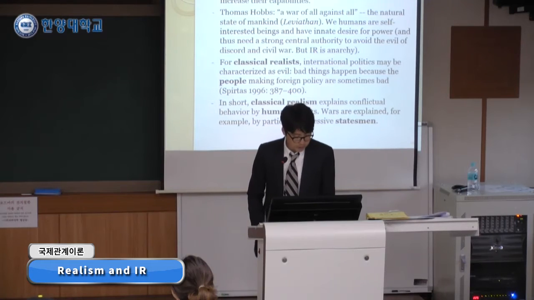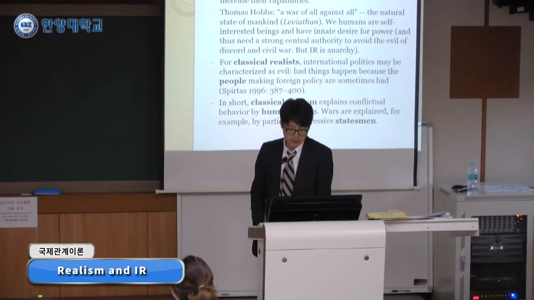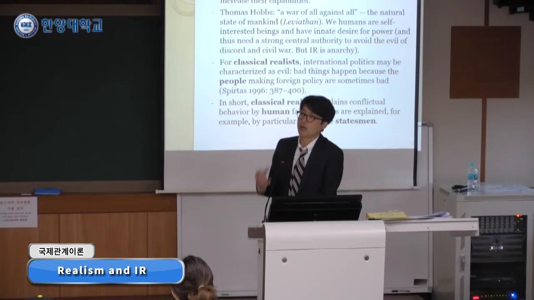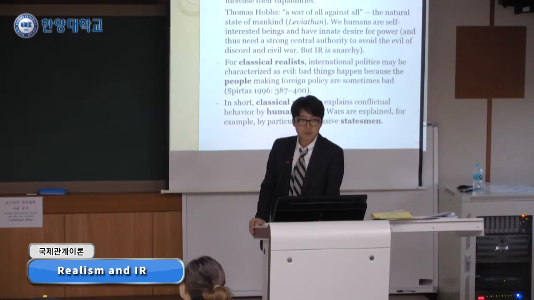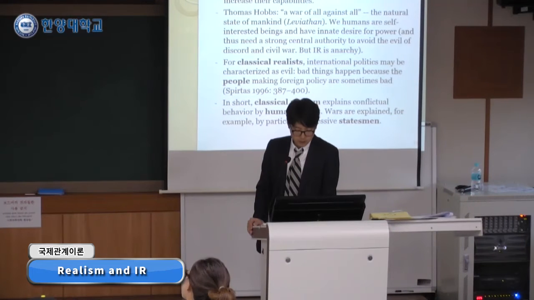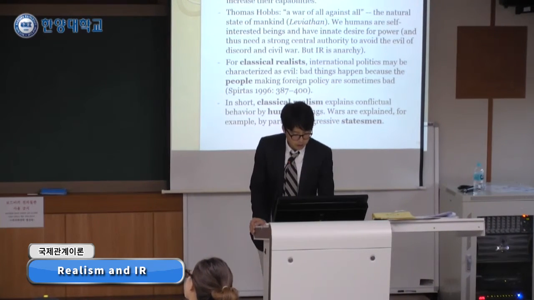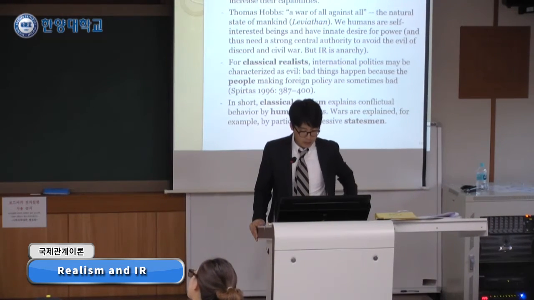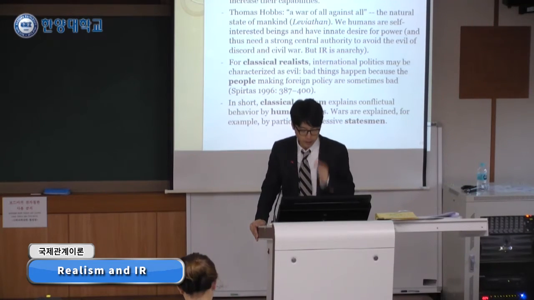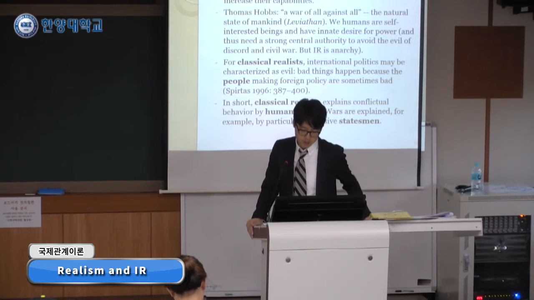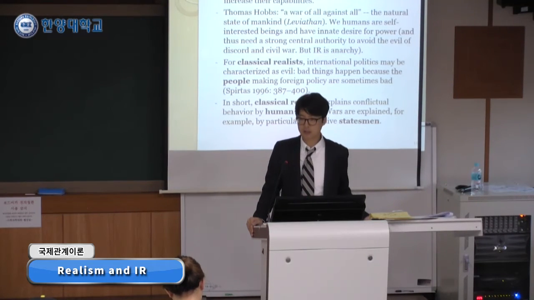So in sum, classical realism explains why wars occur, or why we should remain pessimistic about international affairs, by pointing out human failings. The wars are explained by particular aggressive statesmen.